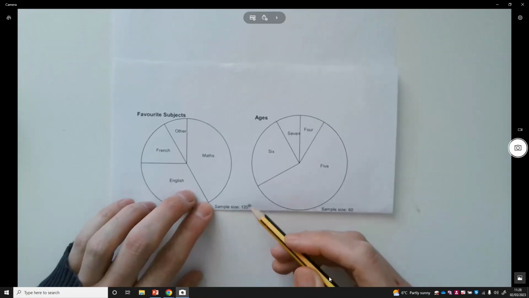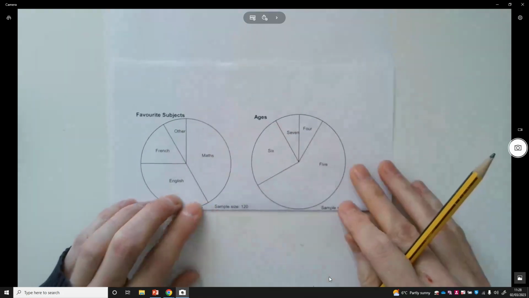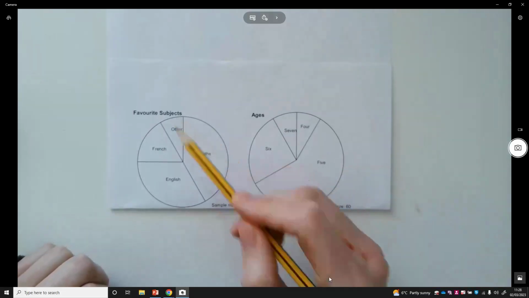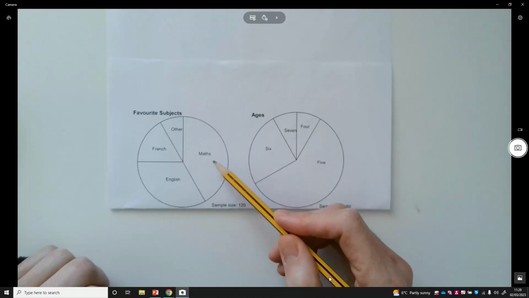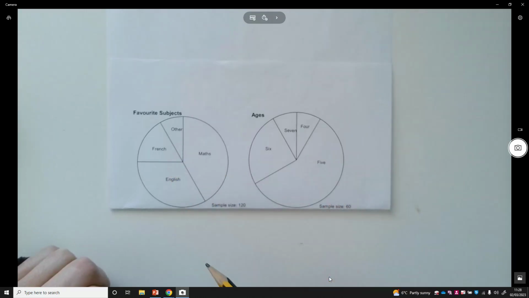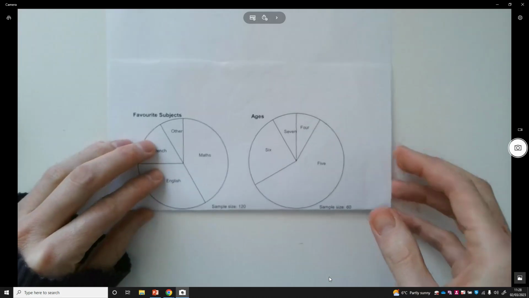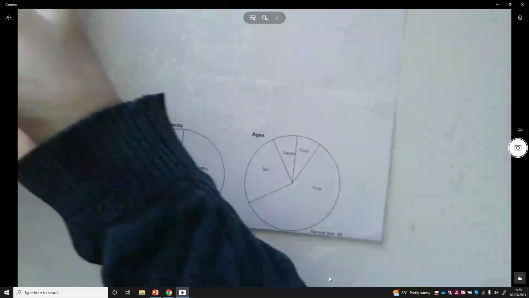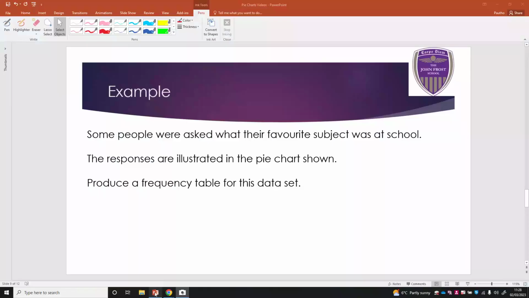The whole pie chart stands for 120 people, and it's about favorite subjects. There are 4 sections.